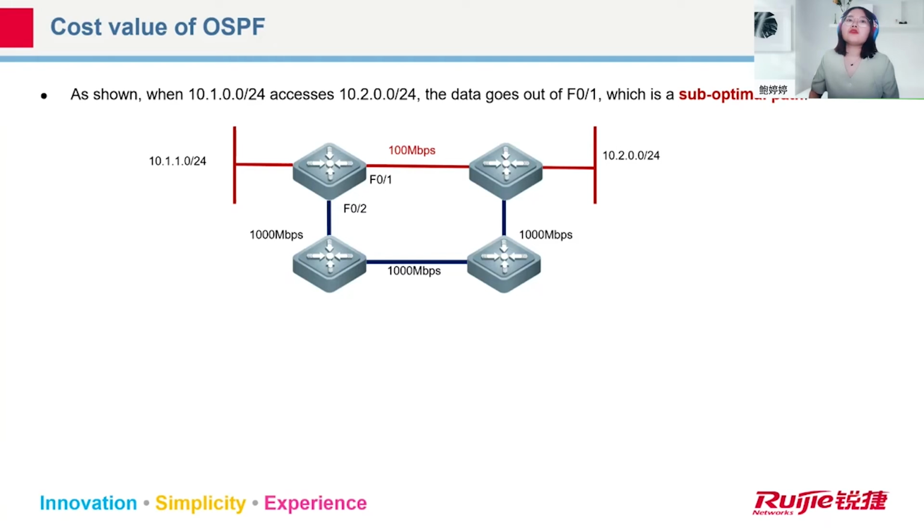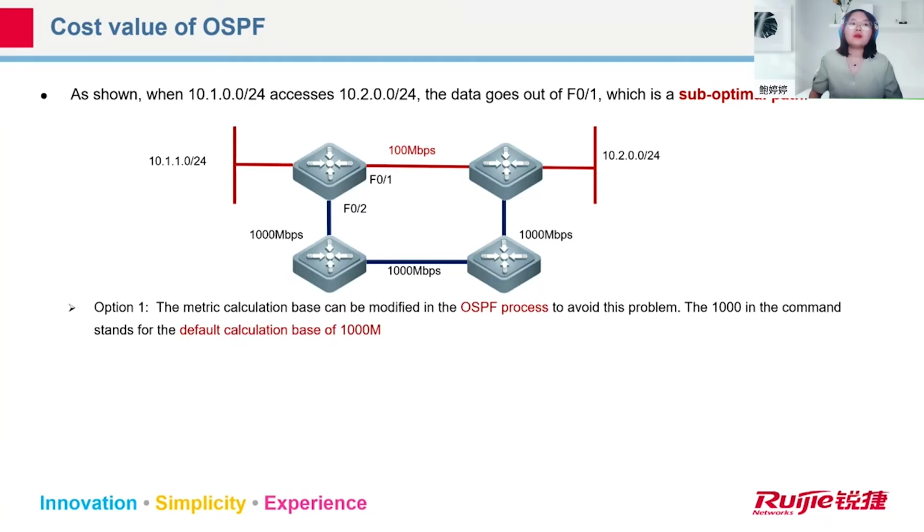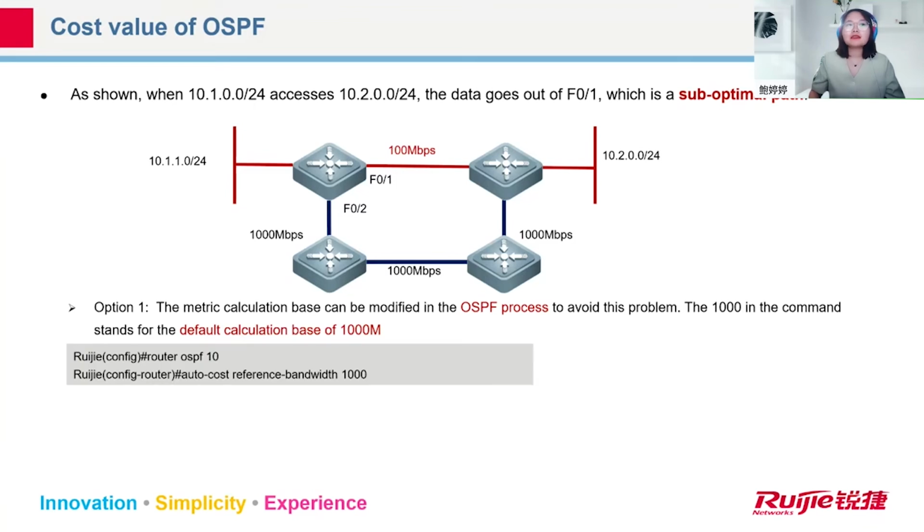Okay, and how to use the command? We say option 1, we can change the default calculation base, and the command is this one. Router OSPF 10. This is the command to enable the OSPF process in the router. 10 is the process ID, and you can change the auto-cost reference-bandwidth to become 1000.